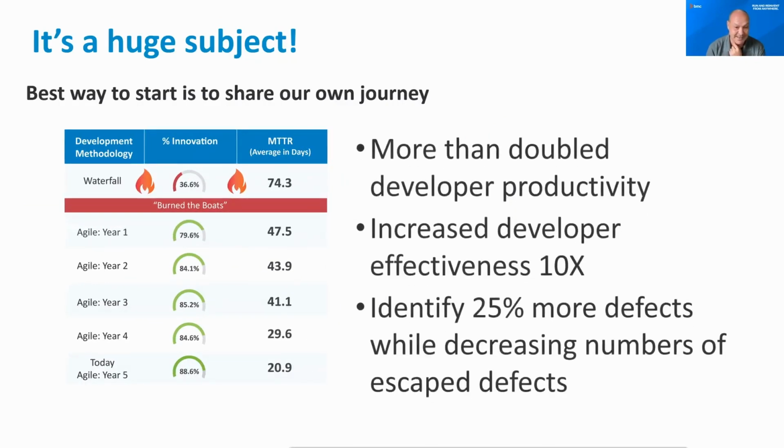Well, as I said before, we did more than double the developer productivity. We increased their effectiveness tenfold. We found defects earlier and identified them, so that made sure that there were fewer escape defects.